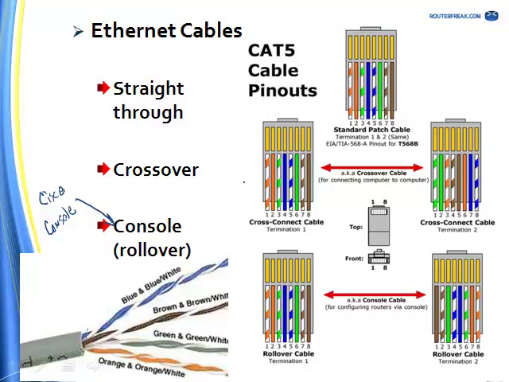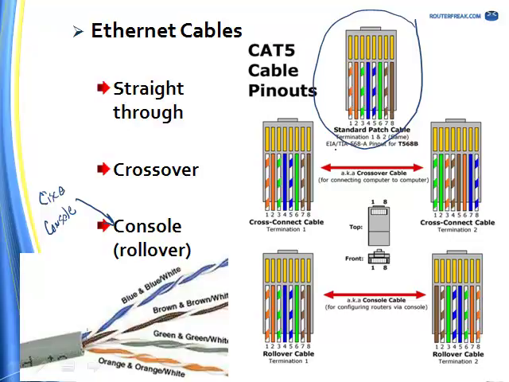So in a standard patch cable, you're going to crimp both ends to be exactly like this. Both ends will be crimped just like the way this diagram shows you here. You're going to have white orange, orange, white green, blue, blue white, green, white brown, and then brown.